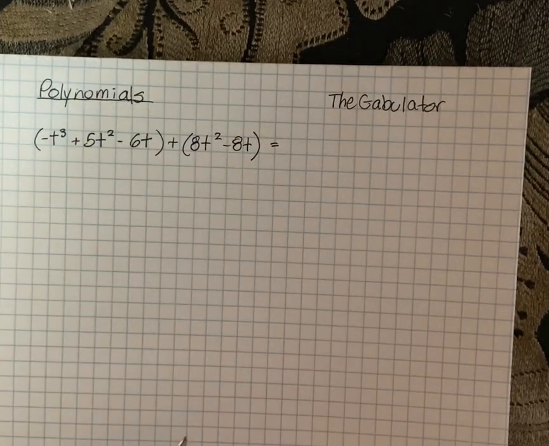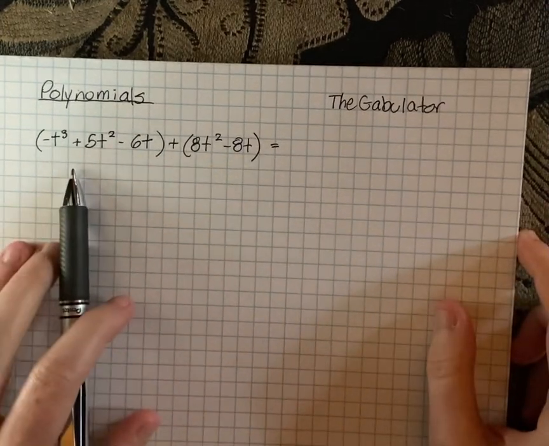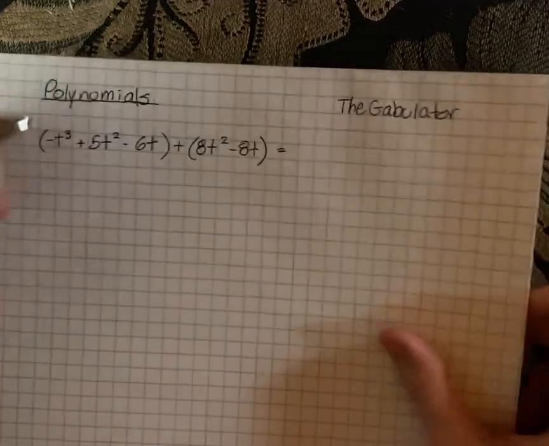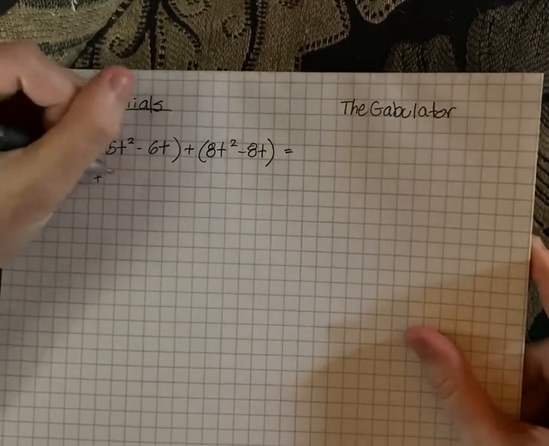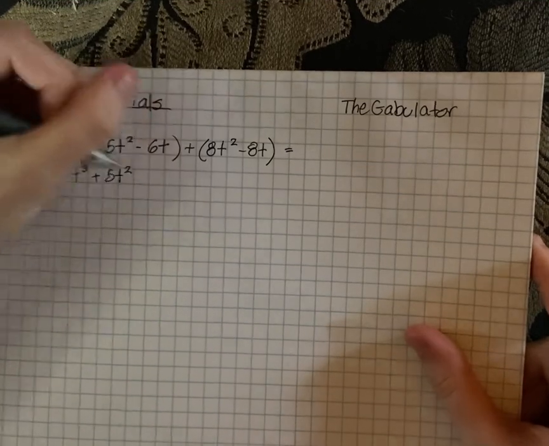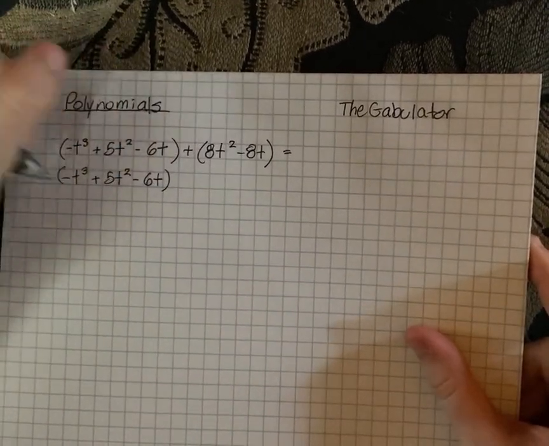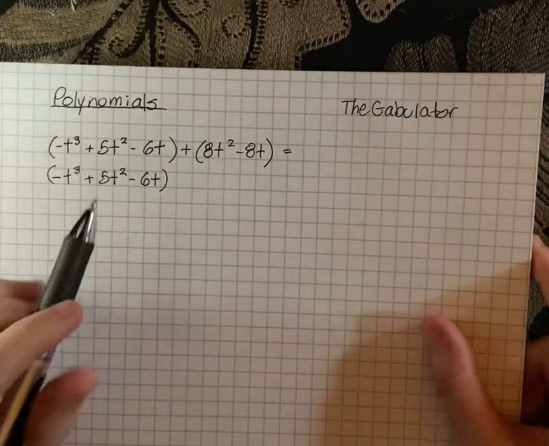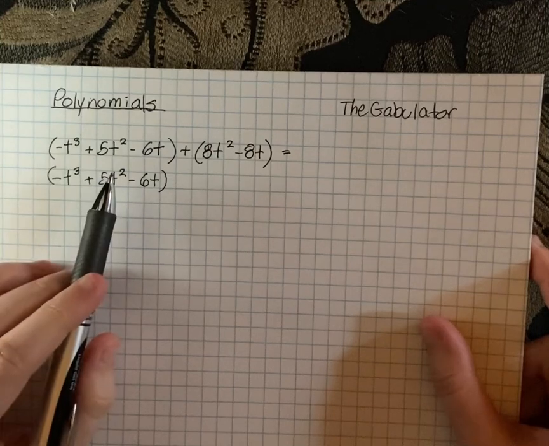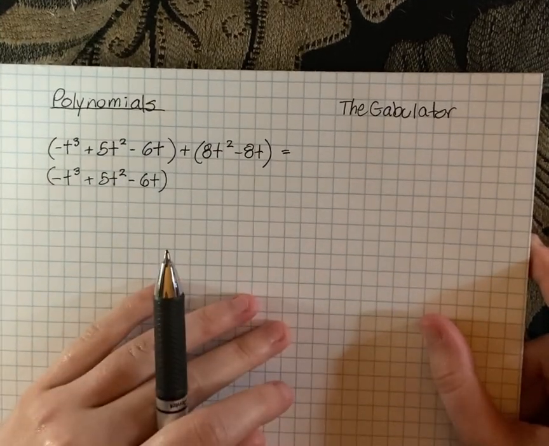Now, something I'm going to tell you guys in every single video is, even though I've already got the problem written down, when you're doing it at home, always start by writing the problem down. Why? Because I can't tell you how many times I've seen people start off a problem in their homework and screw up in the very first step because they've changed something from when they looked at it and then when they wrote it down, and they're like, why am I getting the answer wrong?